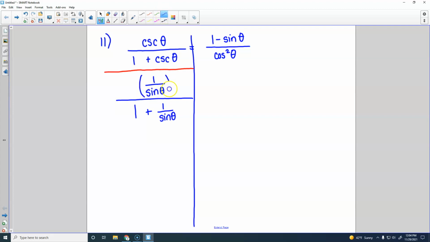You might want to put some parentheses around the numerator and denominator to keep it straight. So, I'm going to do a red line in between each step on mine, just so it doesn't run all together here.